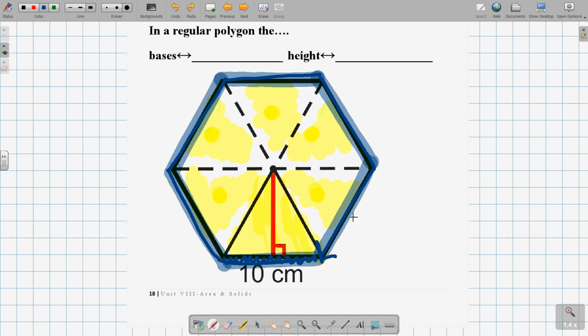You see, if we put all the bases together, all the bases combined are the perimeter of the regular polygon. Center to midpoint, center to midpoint, that would be the apothem.